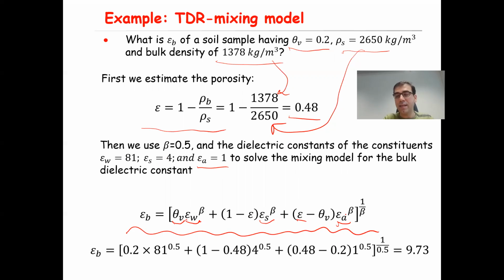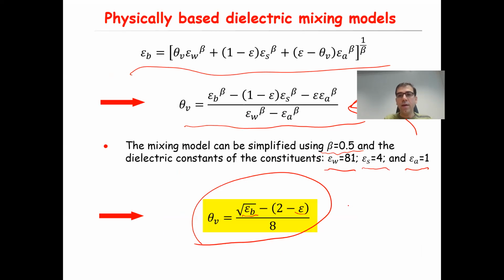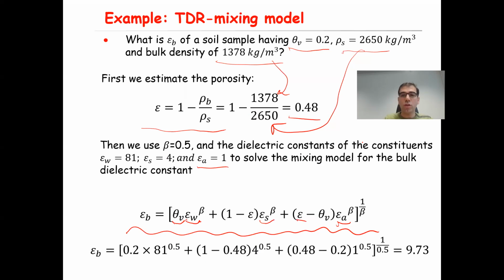And beta, as you remember from the previous slide, we said that in our application beta is equal to 0.5. So you just plug in 0.5, and if you do the calculation, you'll end up with a dielectric constant epsilon b equal to 9.73. Okay, and that's the solution to this example.